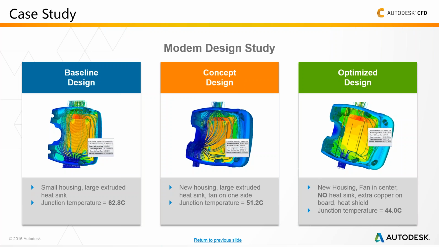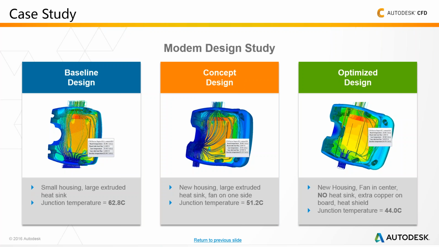So through simulation CFD, Autodesk simulation CFD, it became clear that the optimum mode of heat removal was through conduction. And here's an optimized design with a larger copper content on the PCB board, heat sink removed, a fan in the center, and this way the temperature was reduced to just 44 degrees Celsius, 30% less than the baseline design, with a lighter and more cost-effective solution.